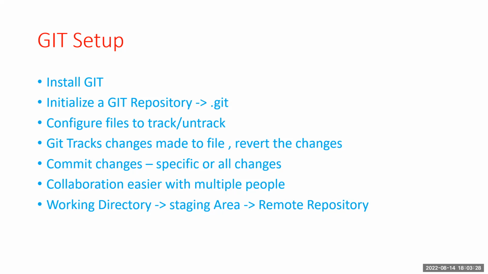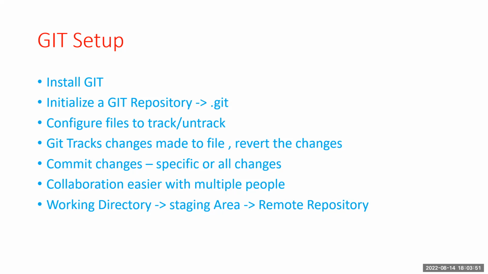Again, it helps you to track or untrack changes. There is this file which we call .gitignore. There you can tell what you want to track and what you don't want to track. Anything in .gitignore won't be tracked.